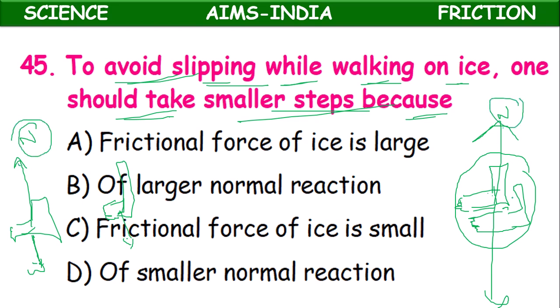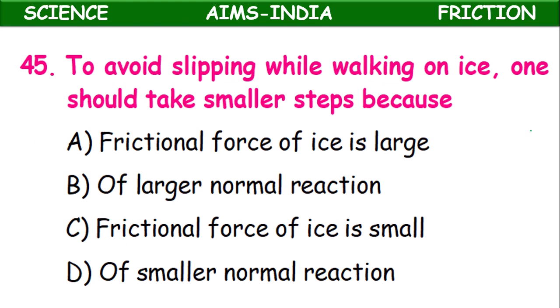If you take steps close together, more normal reaction will be created. Because of more normal reaction, more friction will be created, and you cannot slip down. So the answer is larger normal reaction. Because of larger normal reaction, you will take smaller steps.